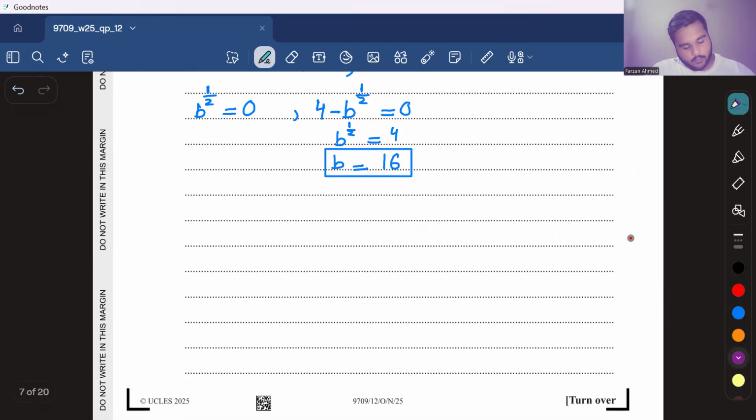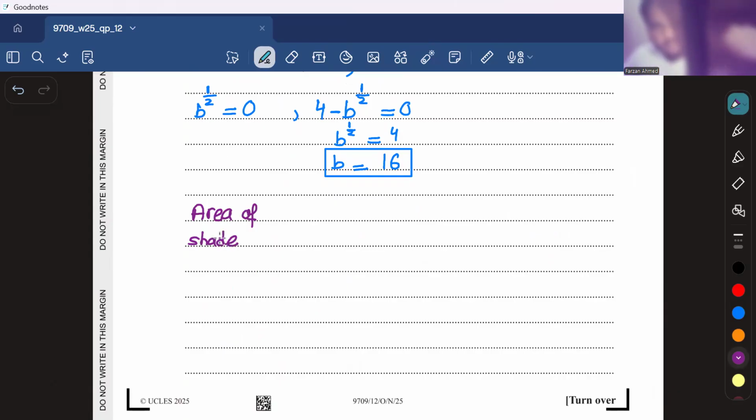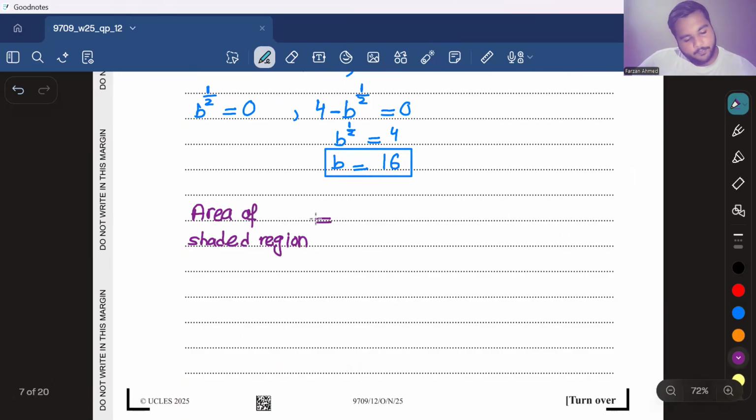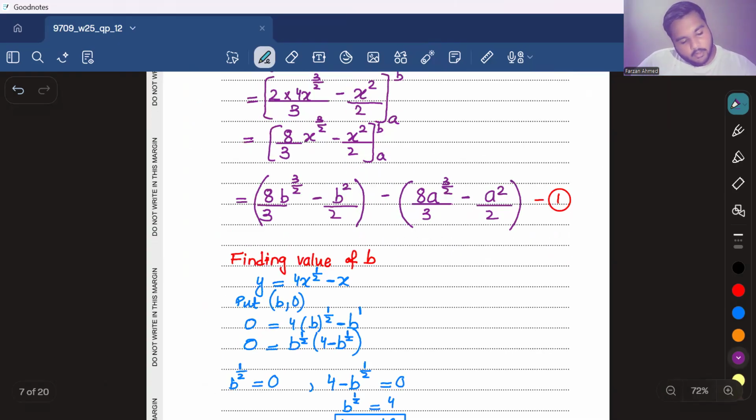The area of the shaded region is equal to, I'm copying this.